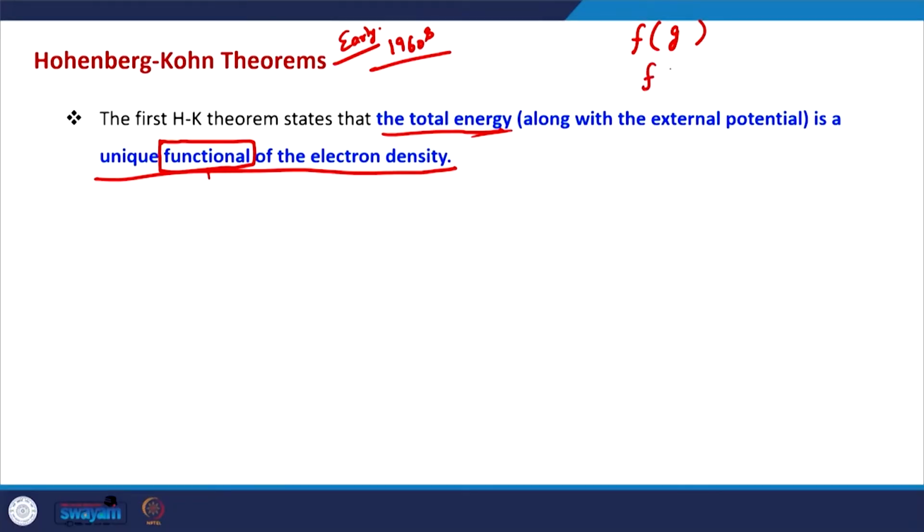More rigorously, it's a function which maps from a space of functions to a field of real or complex numbers. In simple words, the argument of a functional is a function, and it gives us a real or complex number.